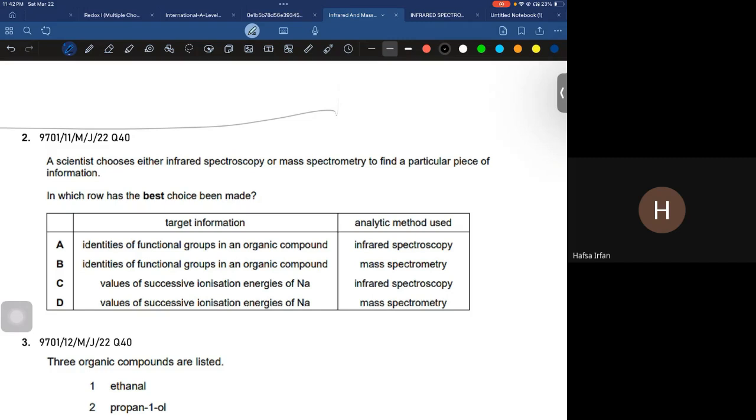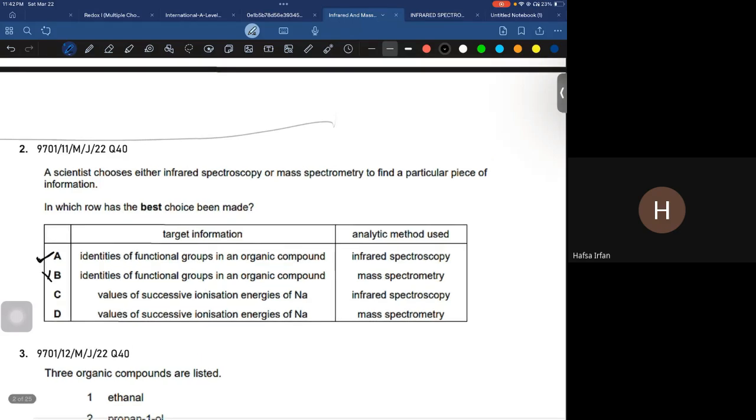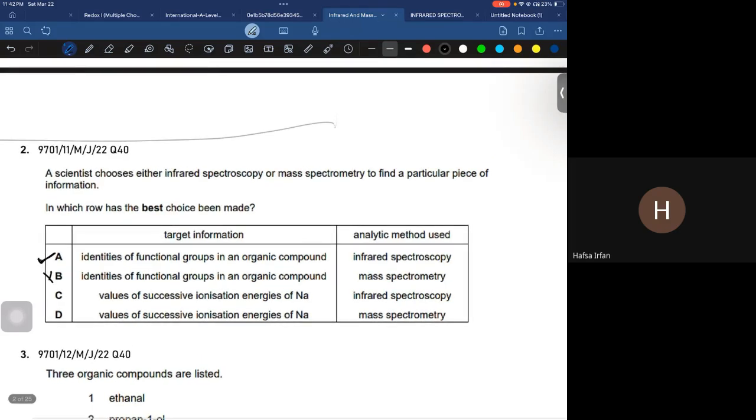In which row has the best choice been made? Identify identities of functional groups in an organic compound: infrared. Mass? No, B is completely wrong. Values of successive ionization energy? No. A is correct. It's the best choice.